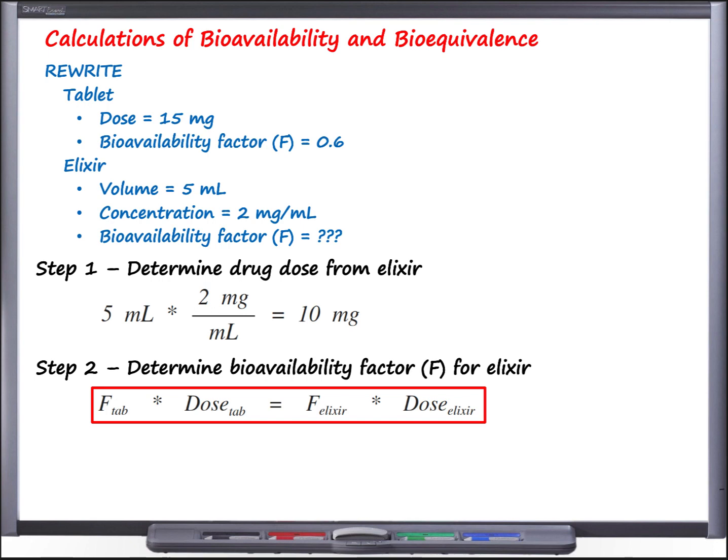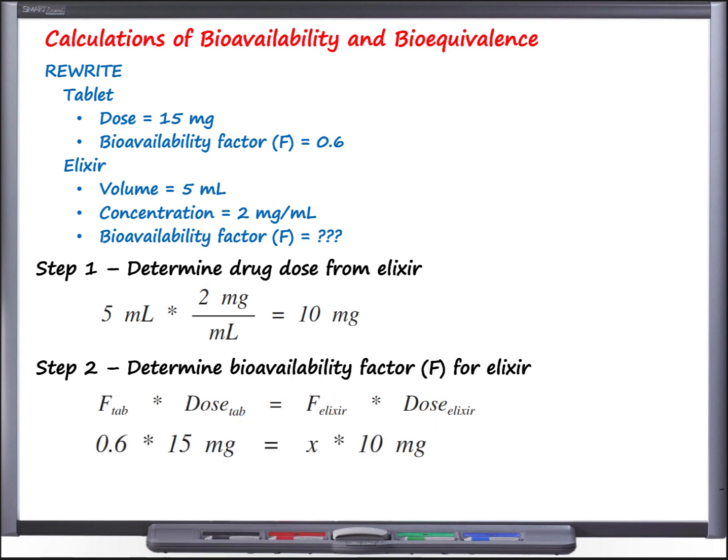Then you should certainly have the math skills to solve this. So I think you do. Let's go ahead and solve this. So here's my initial setup. Let's start on the left-hand side with the tablet. The question told us that the bioavailability factor for the tablet was 0.6. So we're going to take 0.6 times the dose for the tablet, which is 15 milligrams.